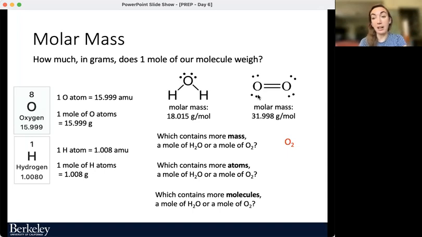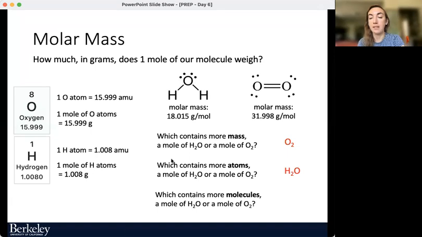If I have 1,000 molecules of each, I'll have more atoms in H2O than in O2. And so the same is true for a mole. So there will be more atoms in a mole of H2O than in a mole of O2, because there are 3 atoms per molecule in H2O and 2 atoms per molecule in O2.